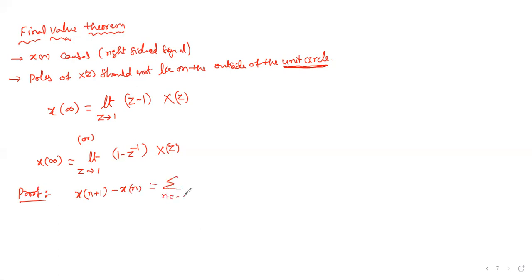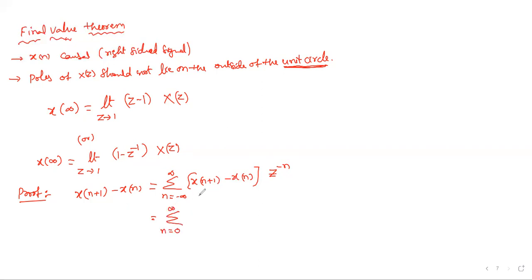Summation n equal to minus infinity to infinity of x of n plus 1 minus x of n, whole into z power minus n. This is the expansion. Now, I already told you x of n is a causal signal, or we can say a right-sided signal. So what are the limits? The limits will become n equal to 0 to infinity.